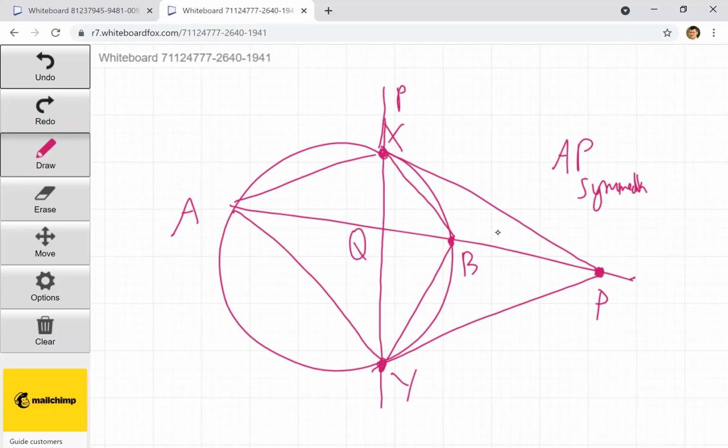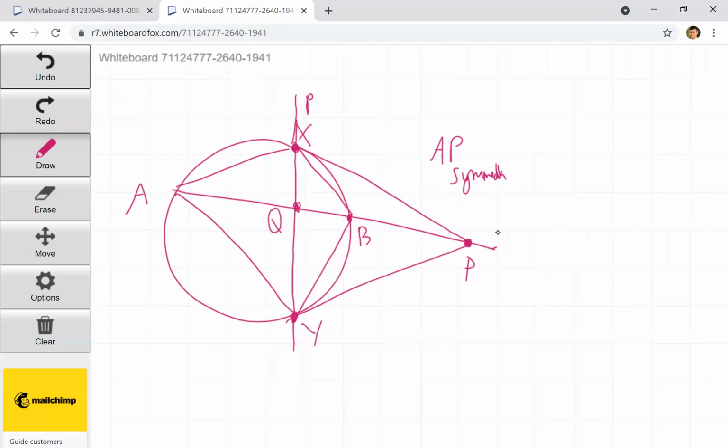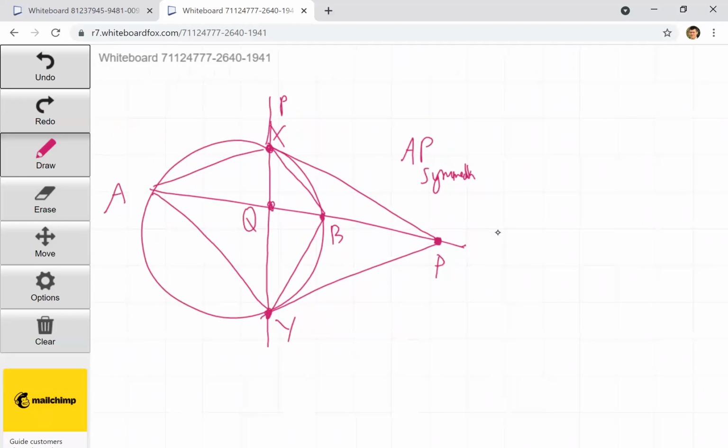So I'm saying two things simultaneously. I'm saying that if you join X and Y, right? Not only will that be the polar of P, it'll pass through Q. Yeah. So that's the claim, yeah?